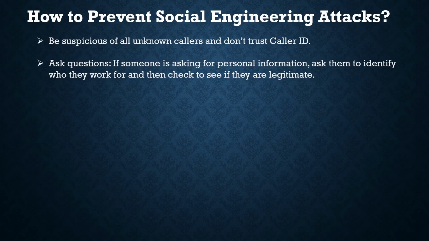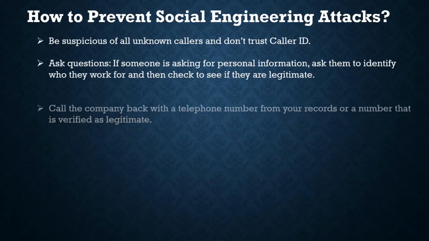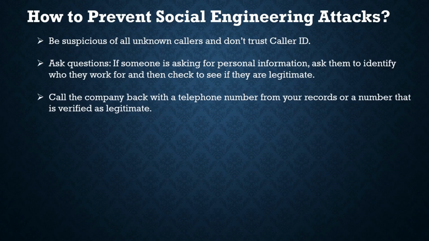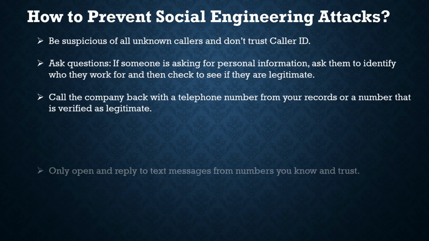If someone is asking for personal information, ask them to identify who they work for and then check to see if they are legitimate. Next is call the company back with the telephone number from your records or a number that is verified as legitimate. Don't just randomly share your information with other people on a call.